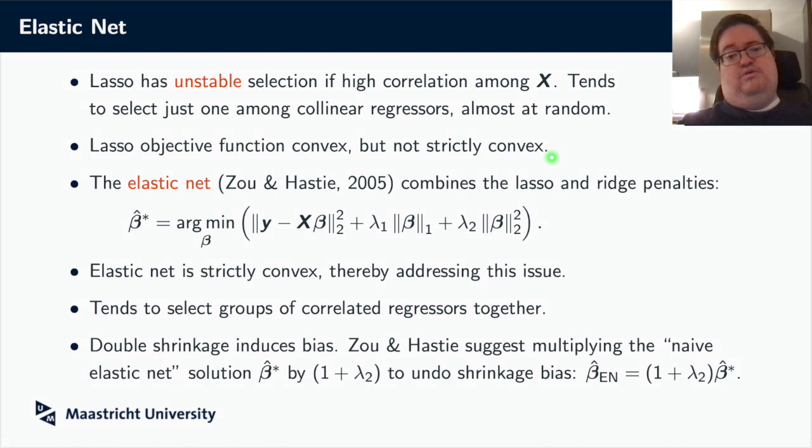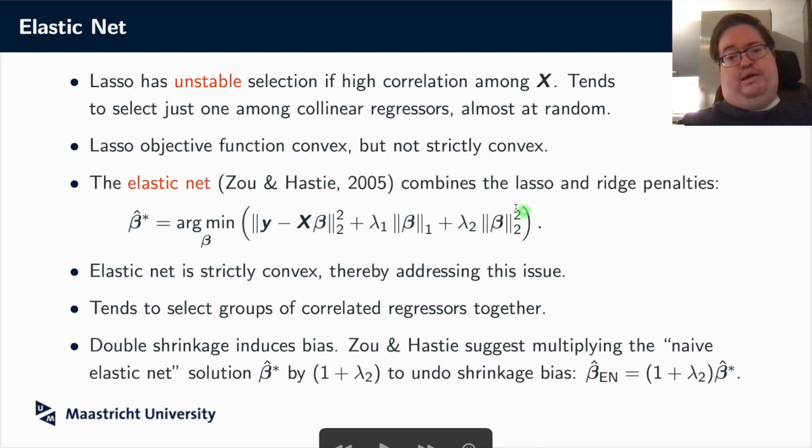And the reason why it happens for the lasso is that the objective function is convex, but it's not strictly convex due to the absolute value. So what the elastic net is trying to do about that is by saying, well, why don't we not just add a lasso penalty, the L1 penalty, but we also add an L2 penalty, a squared L2 penalty here.